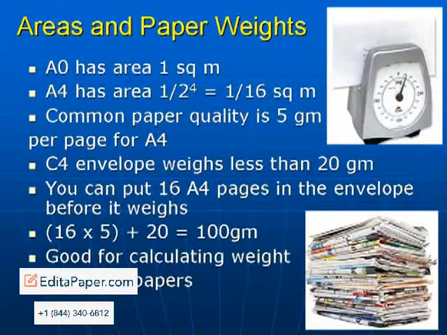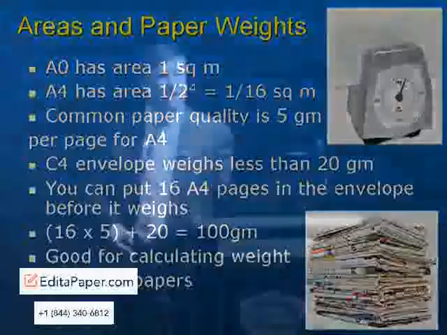Well, let me tell you something that you can make use of. The C4 envelope weighs a bit less than 20 grams. So you can work out how many sheets of A4 you could put in it before you tip the scales and go above the post office's 100-gram limit for your letter at a particular first-class or second-class rate.